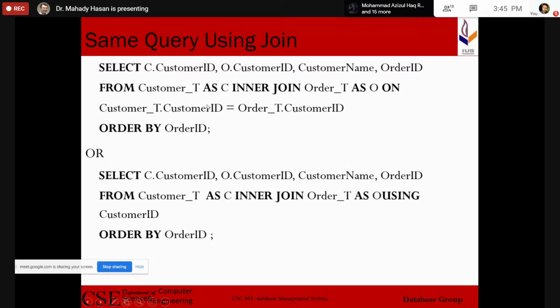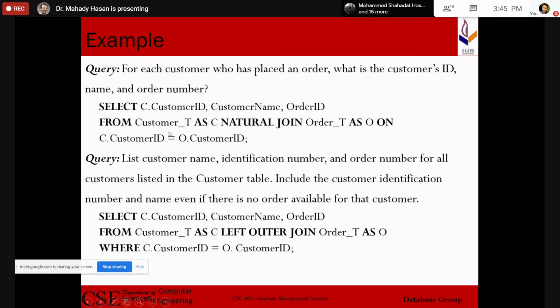This particular query can also be written like this, where we can simply say customer join these.